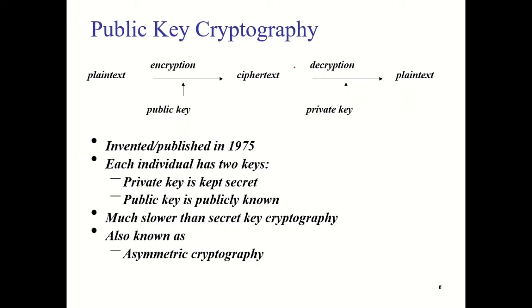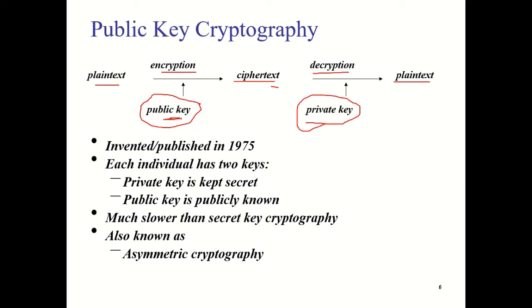Okay, next is public key cryptography. Here the process is the same. From plain text, with the help of an encryption algorithm, we create the ciphertext, and at the receiving end, with the help of decryption, we get the plain text. But the difference is in the key which we are using, right?